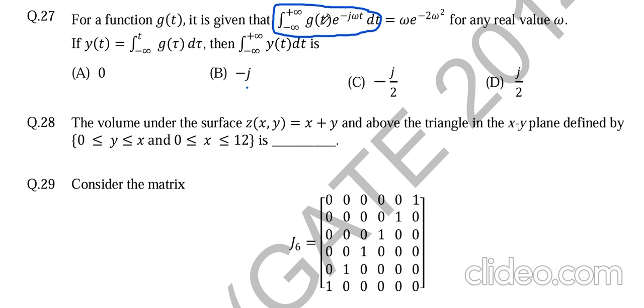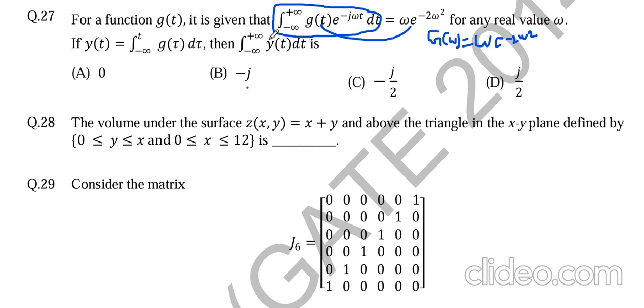So this is nothing but G(omega). So G(omega) is equal to omega e to the power minus 2 omega square.